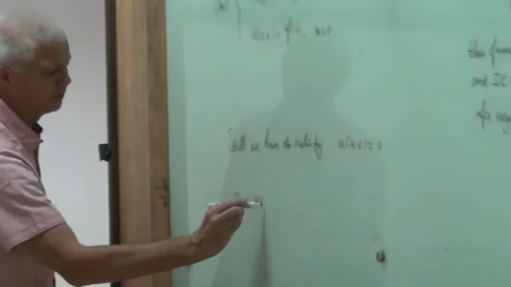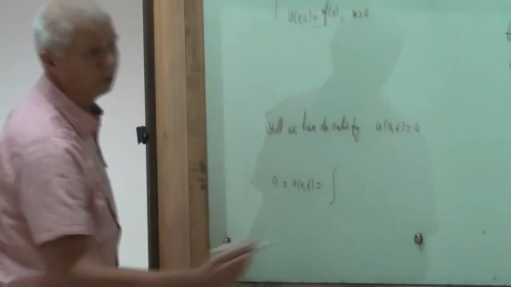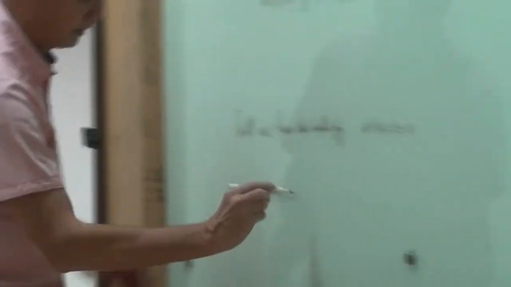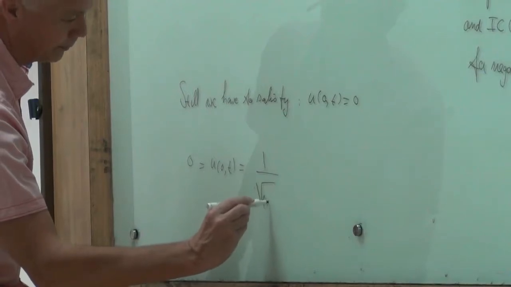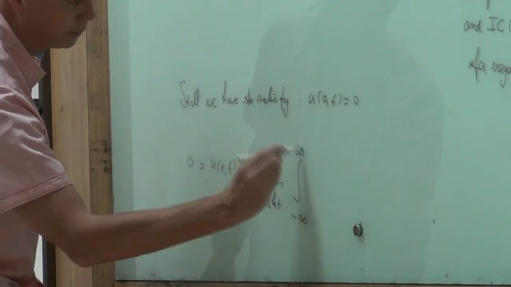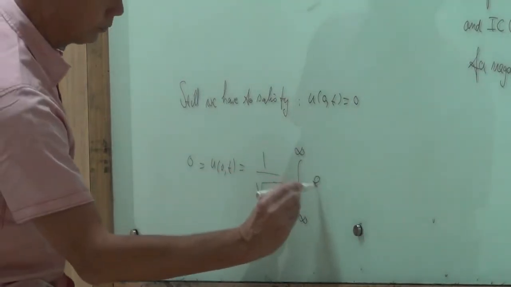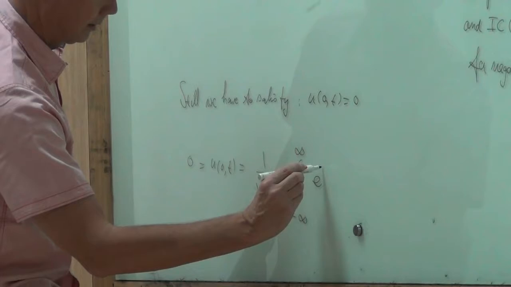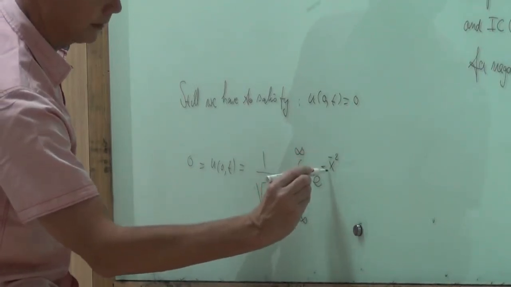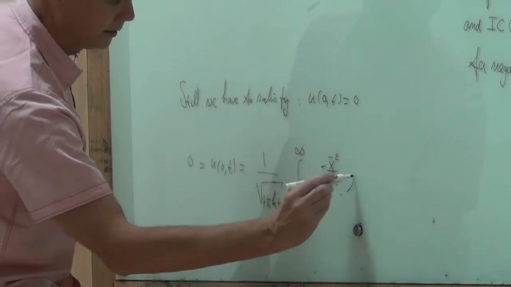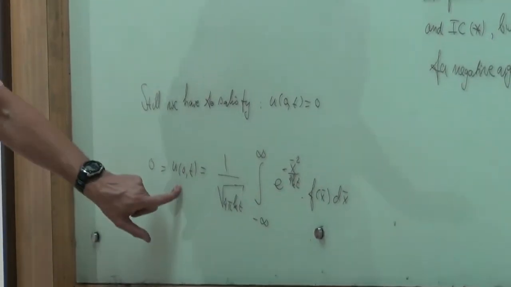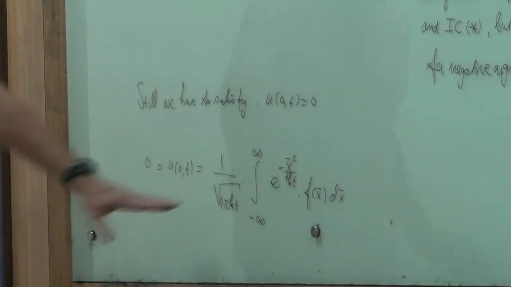Okay, let's write down. 0 is u(0,t), which is the integral of 1 over the square root of 4 pi kt times the integral from minus infinity to plus infinity of e to the power minus x squared over 4 kt times f(x) dx. I just substituted x is 0. Then I get this condition.